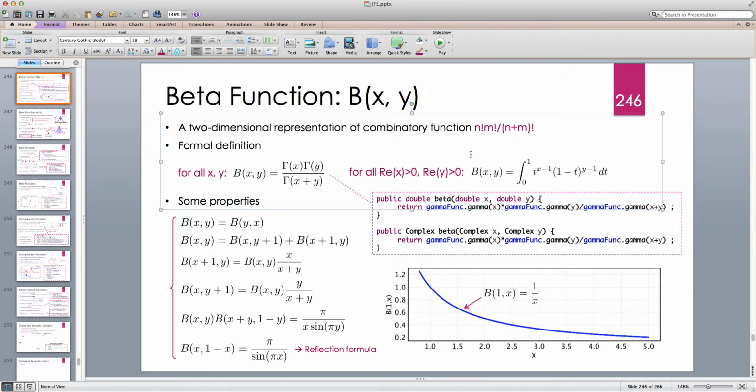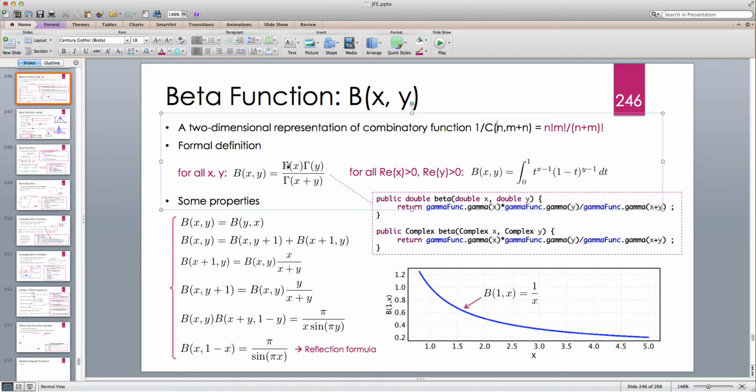We know that the combinatory function C(n, m), right, the combination of n from m plus n terms is (m plus n) factorial over n factorial m factorial, and this beta function is basically 1 over this.